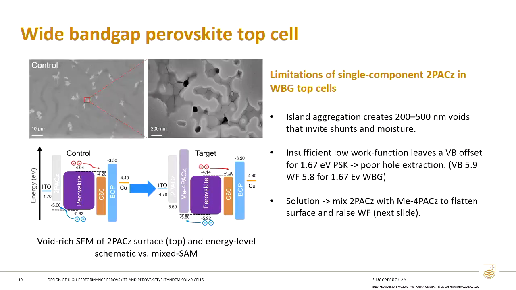One of the reasons limiting the wide-bandgap perovskite solar cell efficiency is the non-satisfactory perovskite morphology. For example, when we use some commercially used SAM material like 2PACz, we tend to see large voids in the perovskite film if the perovskite process is not well optimized. This leaves large recombination channels for the cell, which is very detrimental to cell performance.